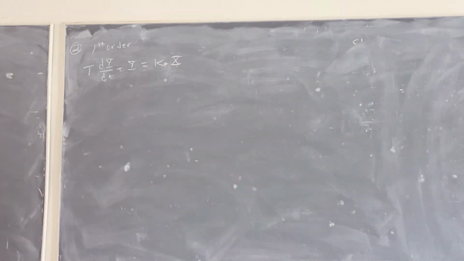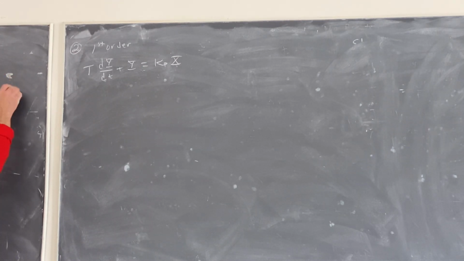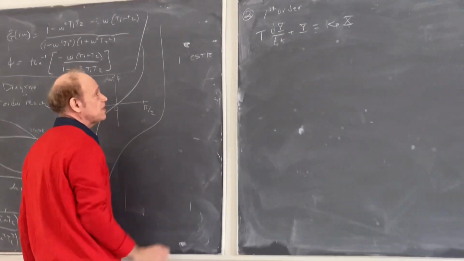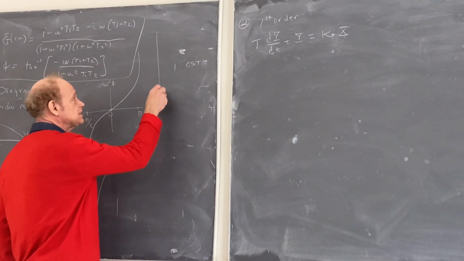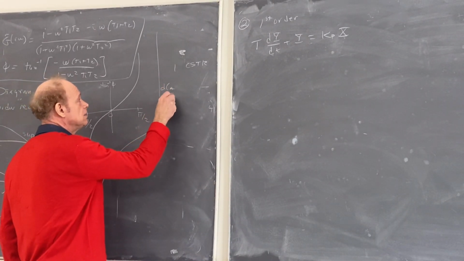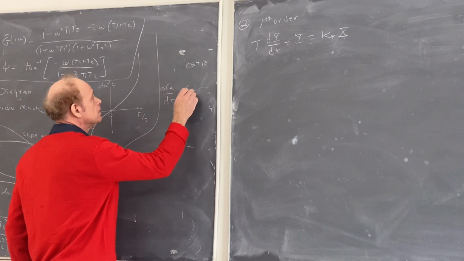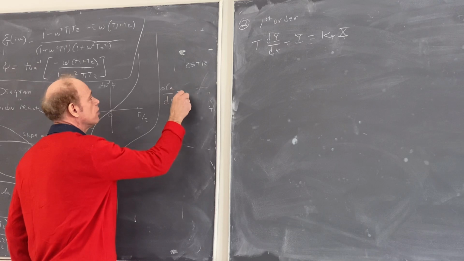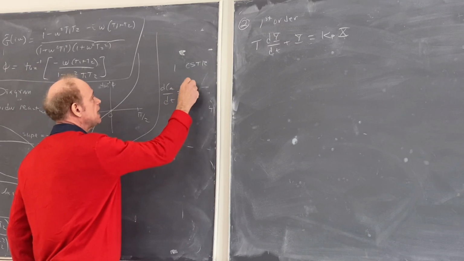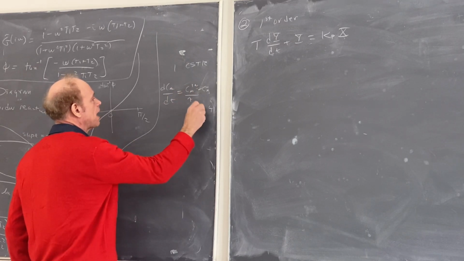Well, where did I get that from? Remember, if I had one CSTR, that's of that form, because the CSTR was dCA/dt plus CA is equal to 1 over tau times CA in minus CA minus k CA.